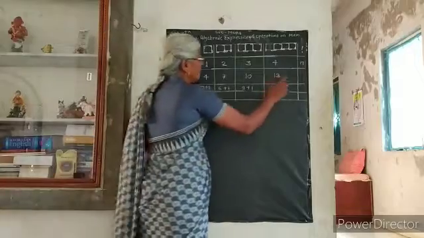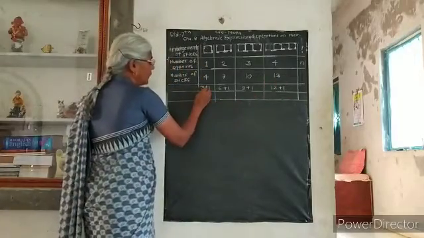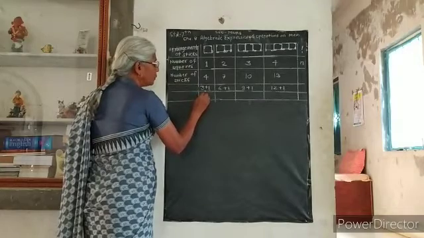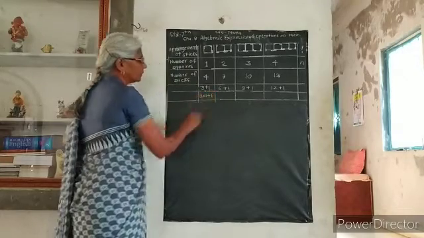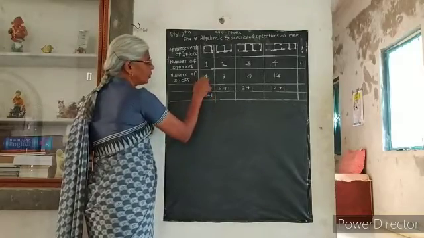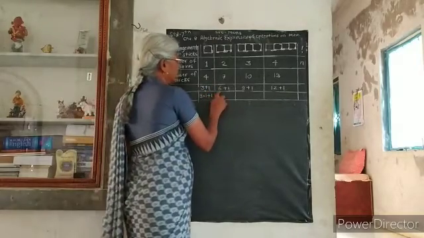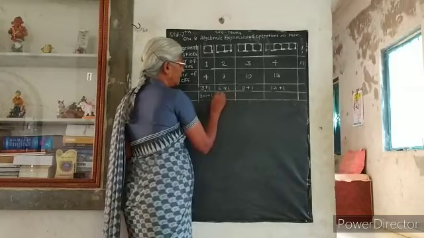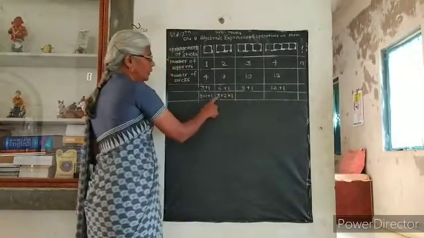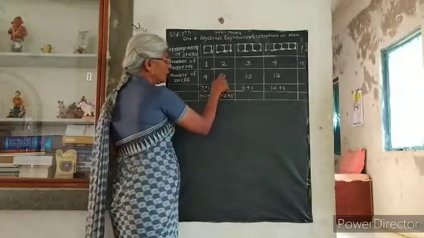Then that number we can write like this: 3 into 1 plus 1. 3 into 1, 3. 3 plus 1, 4. 3 into 2 plus 1. 3 into 2, 6 plus 1, 7.